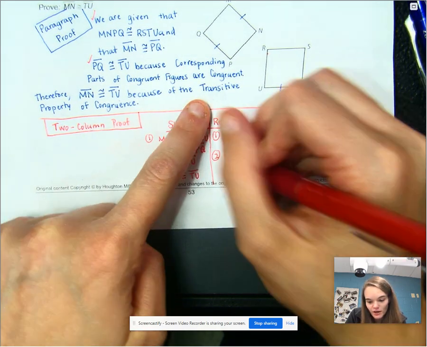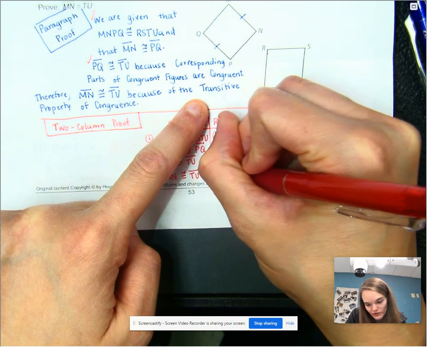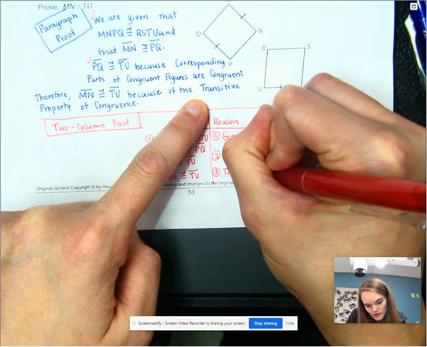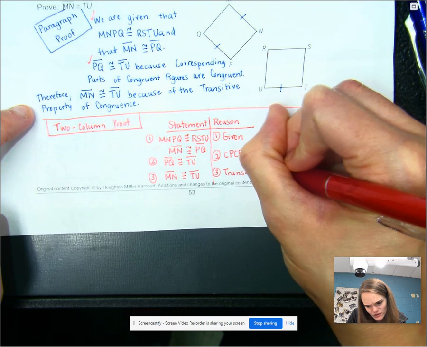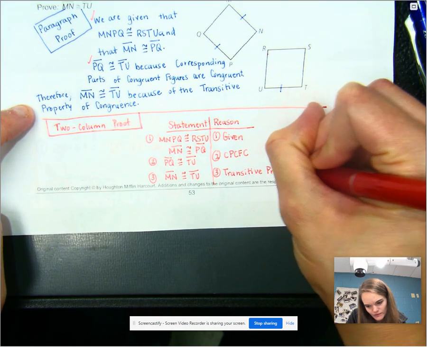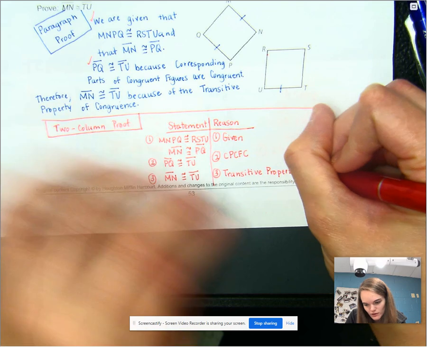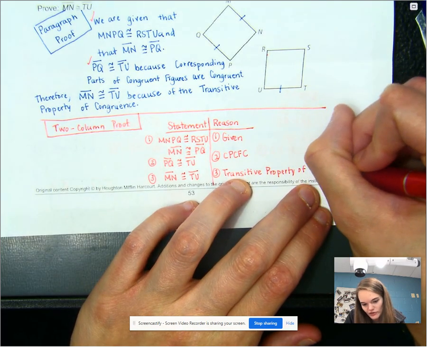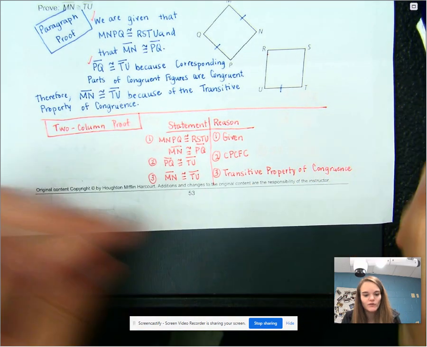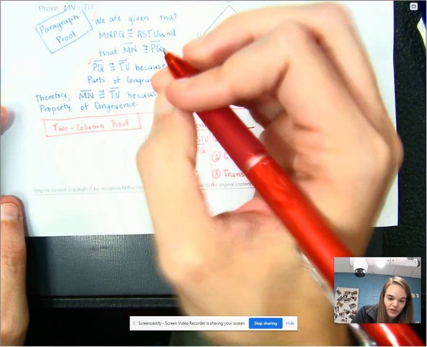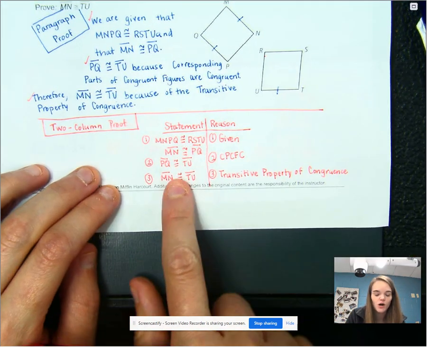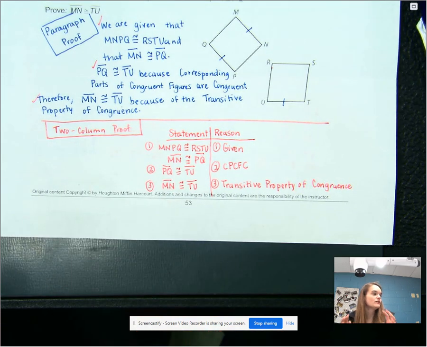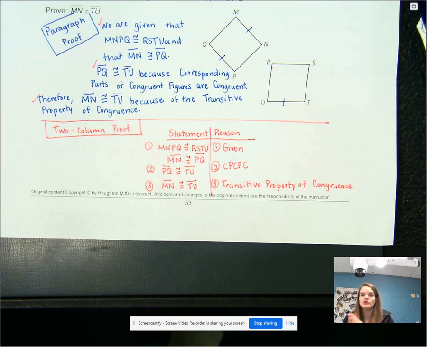Why? Because of the transitive property of congruence. There is a two-column proof versus a paragraph proof. I had 3 sentences, so I have 3 rows, okay? You get to choose which one you want to use unless it says use a two-column proof or use a paragraph proof. Otherwise, you get to choose.